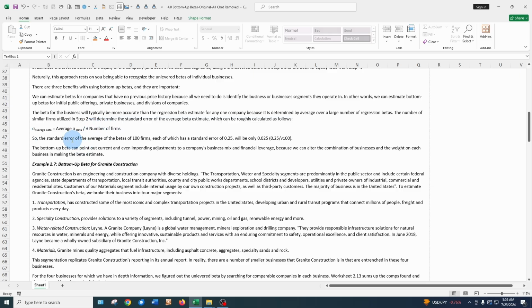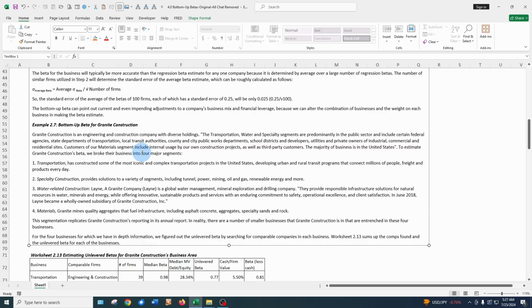So the standard error of the average of the betas of 100 firms, each of which has a standard error of 0.25, will be only 0.025, which is 0.25 divided by 10.